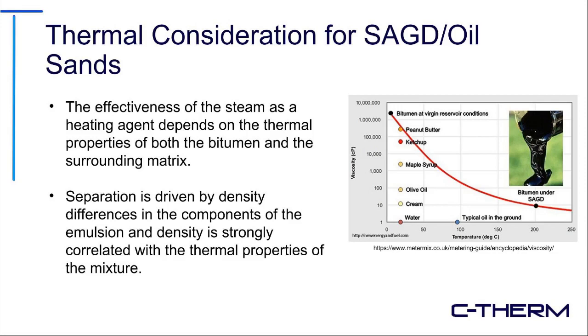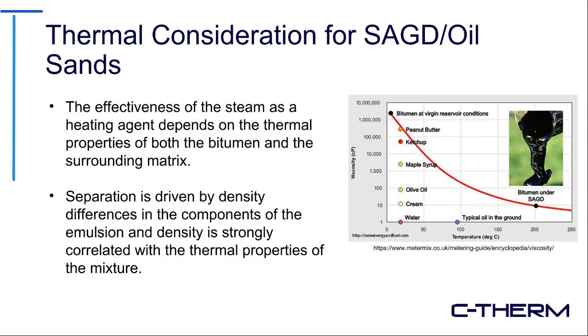And just one last note relating to thermal considerations for oil sands: as I mentioned, the steam is your thermal input, which is what drives the process here. But the effectiveness of the steam as a heating agent really comes down to the thermal properties of the bitumen and the intermixed matrix that it's found inside.